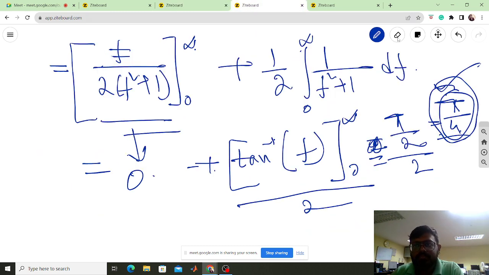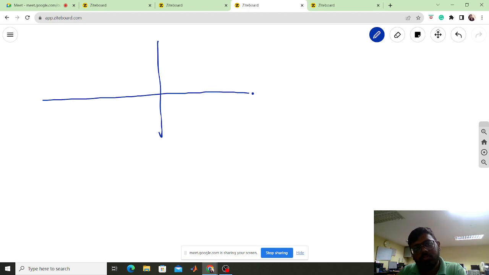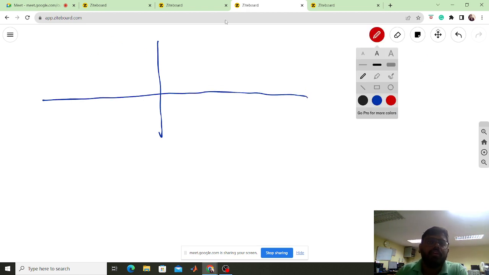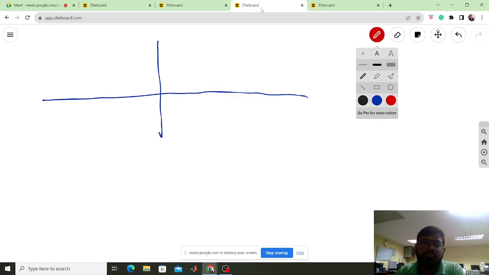Now, what is the case here? The first case, if the signal is not present in the system, what will be the output?